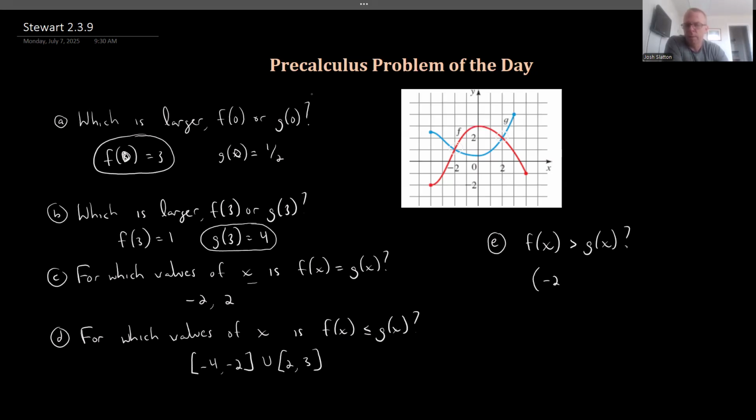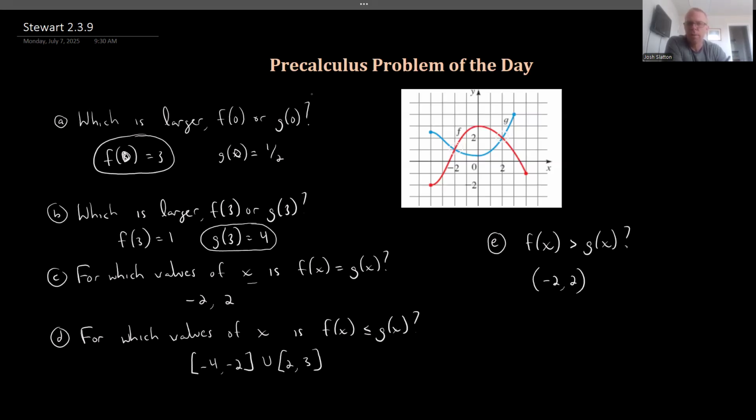That would be -2 to 2 in parentheses. Now, just to be clear, that's not an ordered pair. This is an interval. So it's all the x values in between -2 and 2, not including -2 and 2.